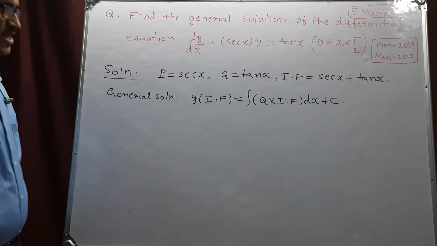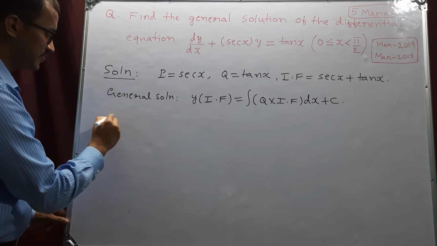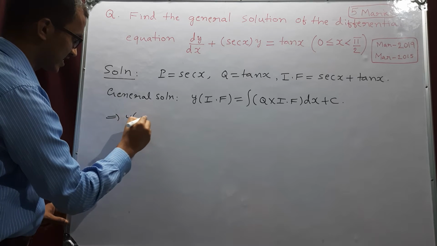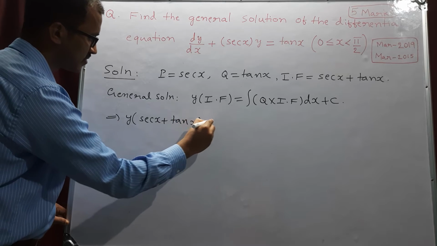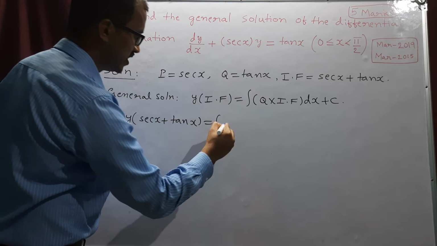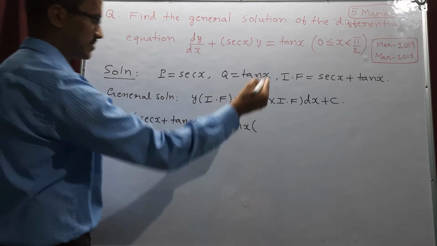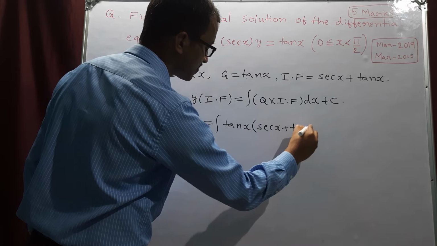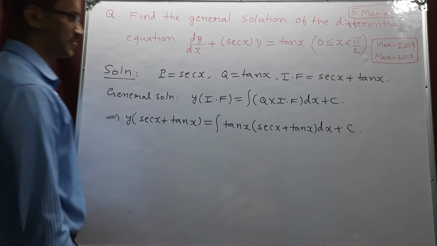By substituting the value of integrating factor as well as q, we get y into secant x plus tan x, since in this case the integrating factor is secant x plus tan x, is equal to integration of q, the value of q is tan x, into the integrating factor, that is secant x plus tan x, into dx plus the integrating constant.